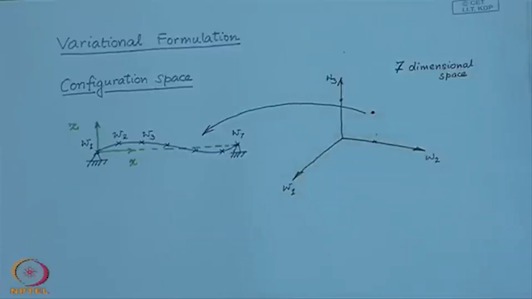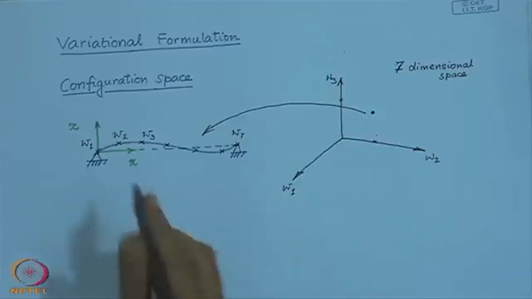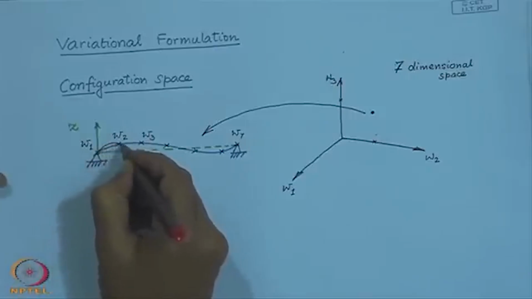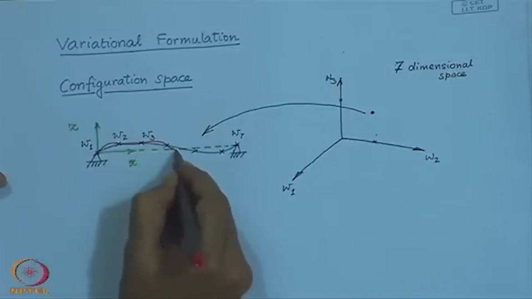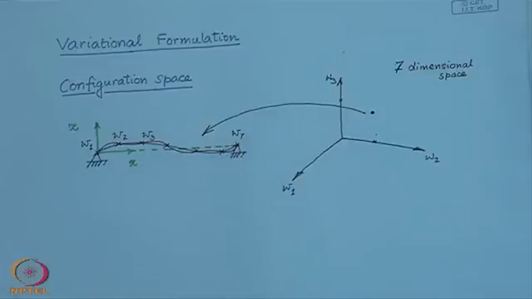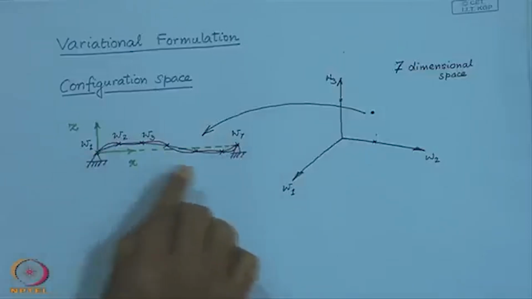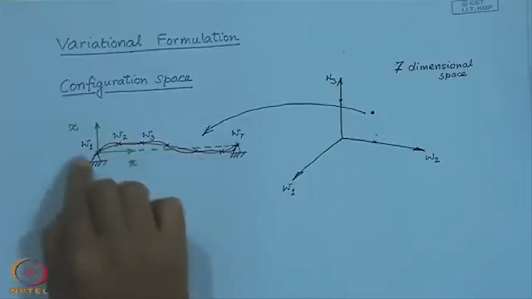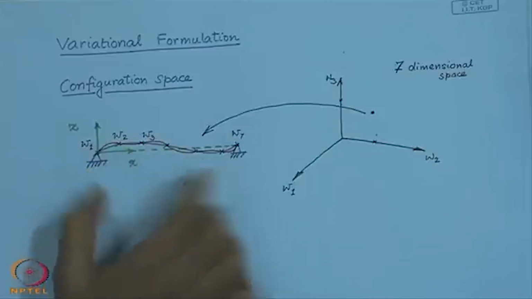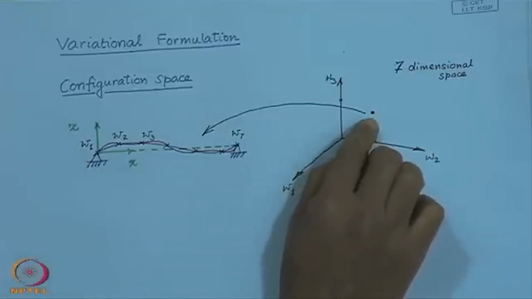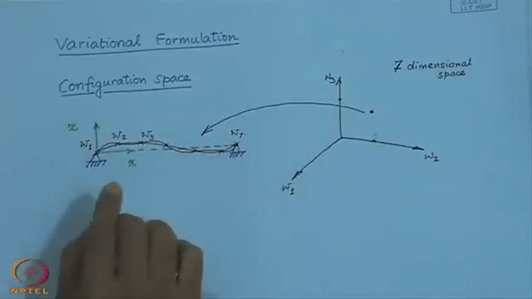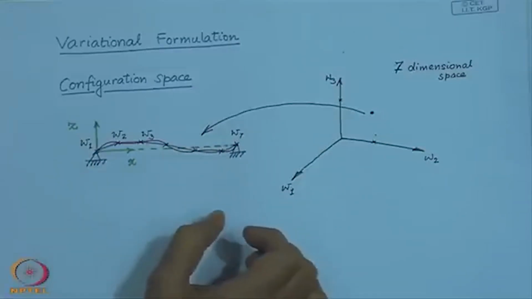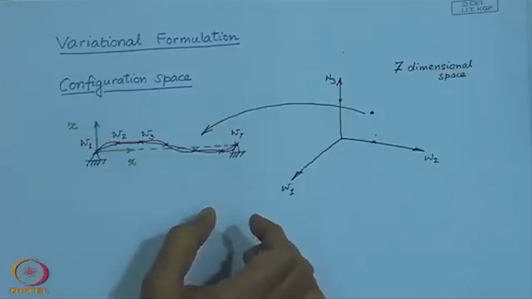So, this point for example represents this configuration of the string. But suppose now this string is actually like this. Then also, these 7 points have the same locations. I have drawn this red configuration of the string very carefully, so that this point in the 7 dimensional space is the configuration of the string, but we can see from this figure that it is not exactly the same as the previous configuration, the blue configuration. So, what do we do?